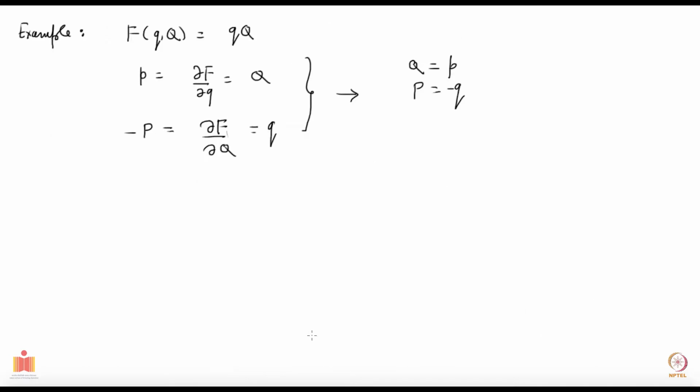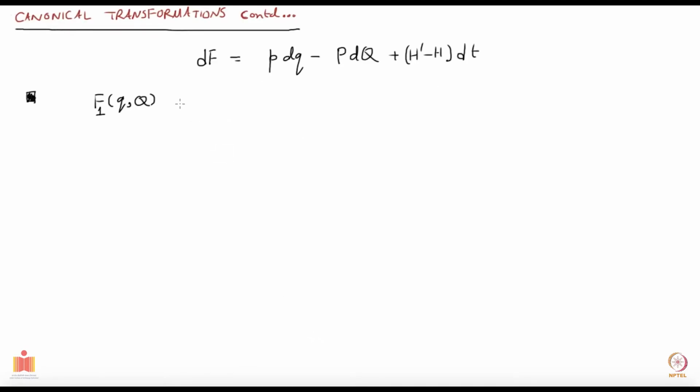So let's write this down here. If this choice is made, then we saw that we have del f1 over del q, and this gave us p, and then the next was capital P was minus del f1 over del capital Q, and here we had small q and capital Q, and I believe there was a minus sign.